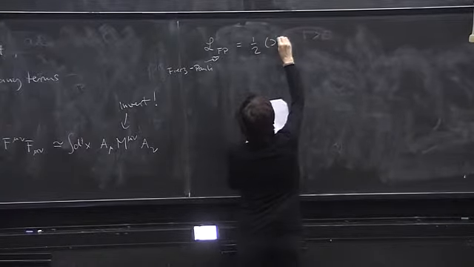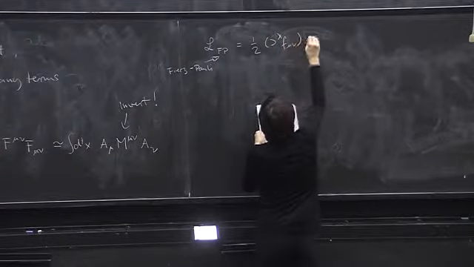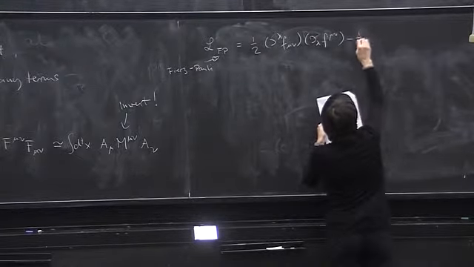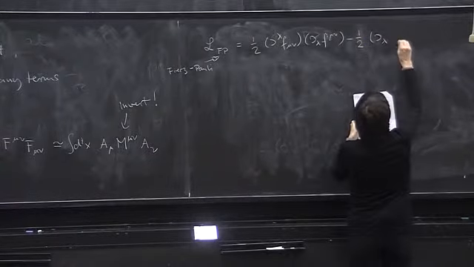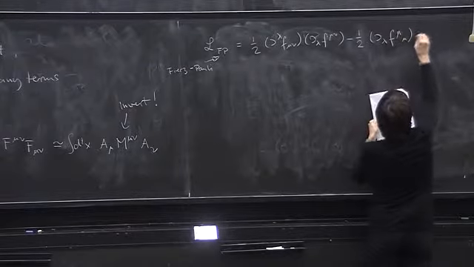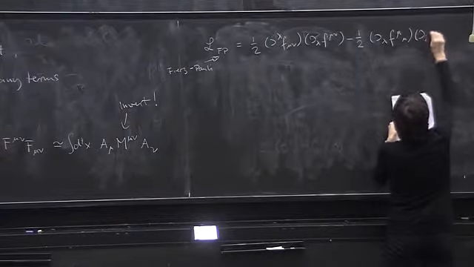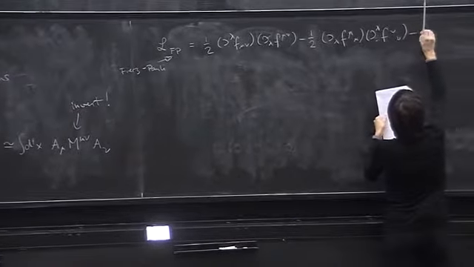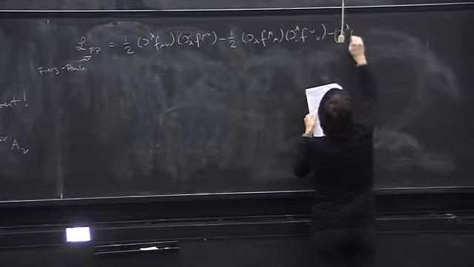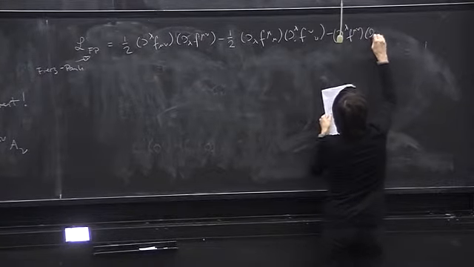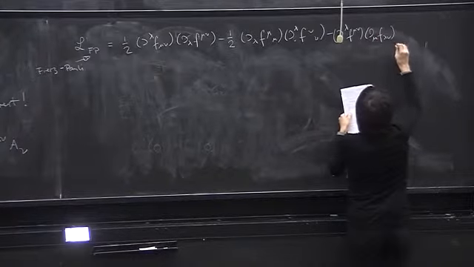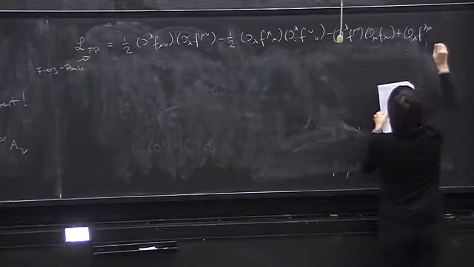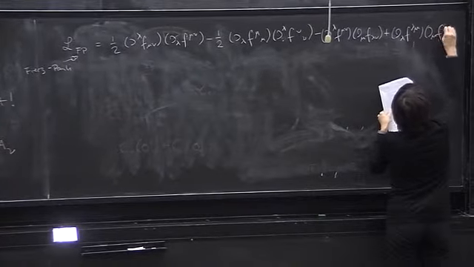It's quadratic in the derivatives of the f's: ∂_λ f_μν ∂^λ f^μν, minus 1/2 ∂_λ f^μ_μ ∂^λ f^ν_ν, minus ∂_λ f_μν ∂^μ f^λν, plus ∂_λ f^λμ ∂_μ f^ν_ν.